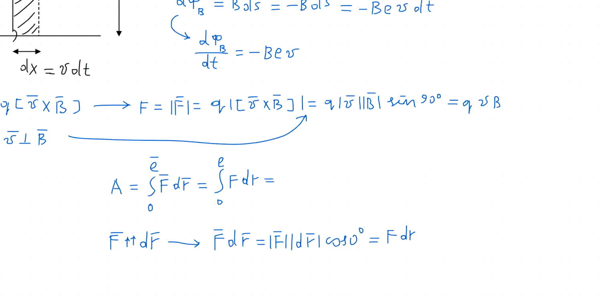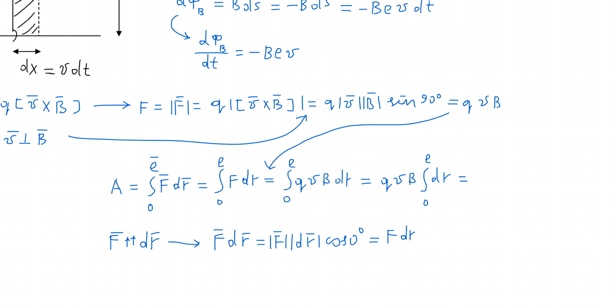Now we can substitute our value of Lorentz force here, and we will get the integral from 0 to L of Q V B dr, which is just equal to Q V B times the integral from 0 to L of dr, and this will be equal to Q V B L.